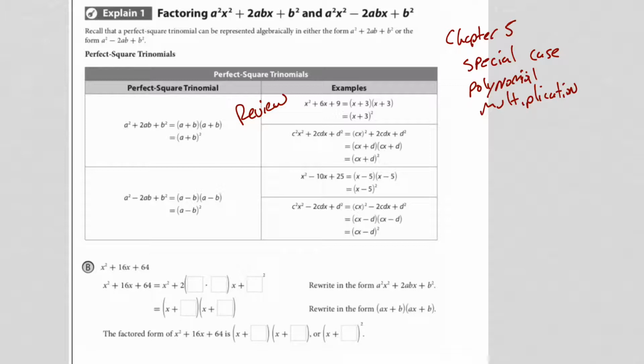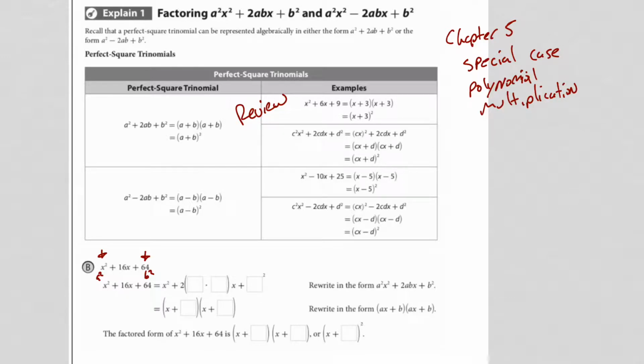So here we go. If we're looking at this, what that means is we can look at these factors, because we're essentially trying to find what a and b are. And this is going to be our a squared, and this is going to be our b squared. So what's the square root of 64?